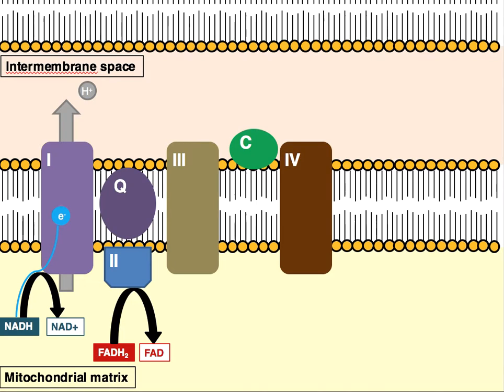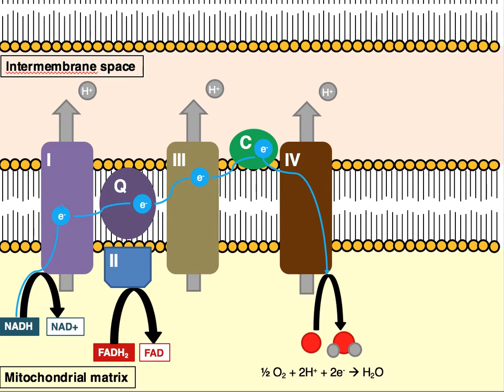But as electrons move through complex Q, or ubiquinone, and on down the chain, electrons delivered by both NADH and FADH2 power proton pumping from complex 3 and from complex 4. At the end of the chain is where oxygen is finally consumed. Electrons that pass down the electron transport chain reduce oxygen and, along with some protons, form water.